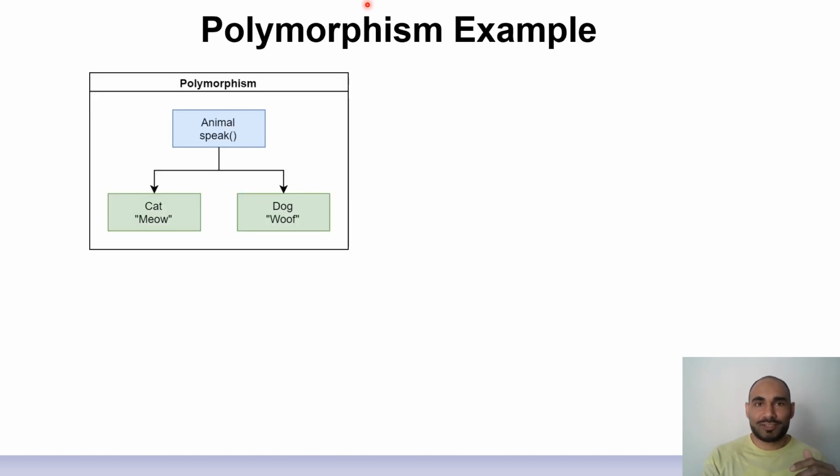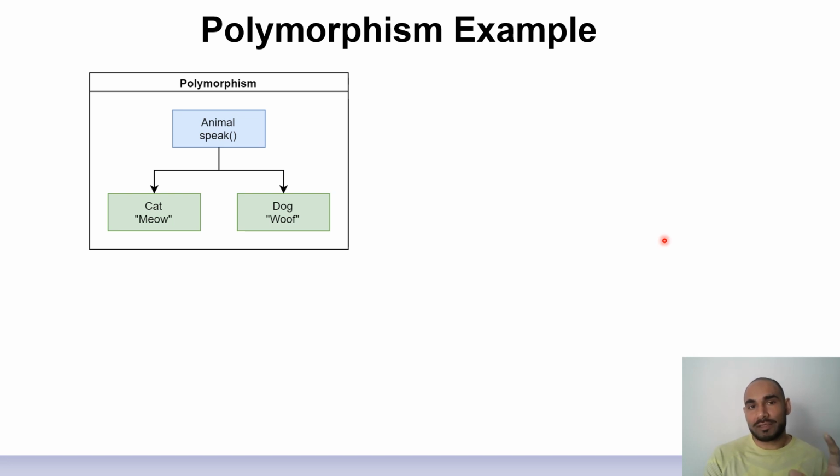And this is another interesting example I like about polymorphism. Imagine you are building a class hierarchy, and on the top you have the base class called animal, because animal speaks or makes sounds, and from this animal class we can derive another class called cat, and it makes a sound like meow, and dog makes another sound called, let's say, woof.